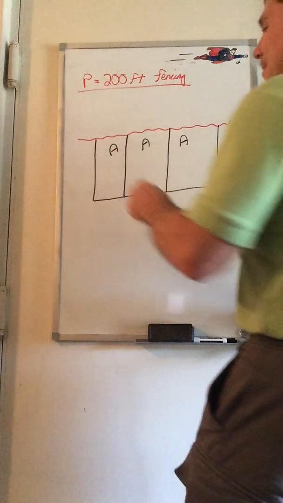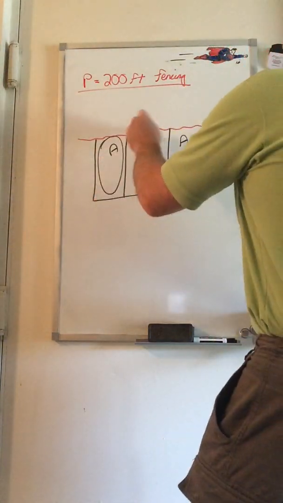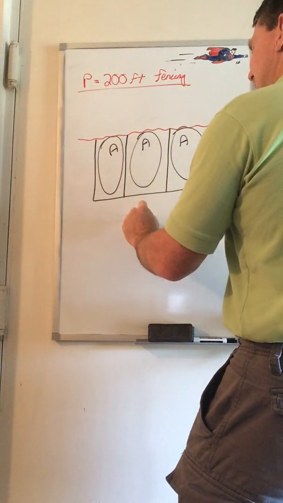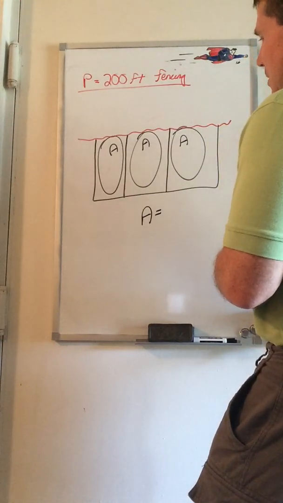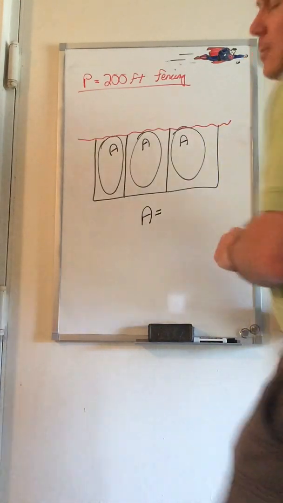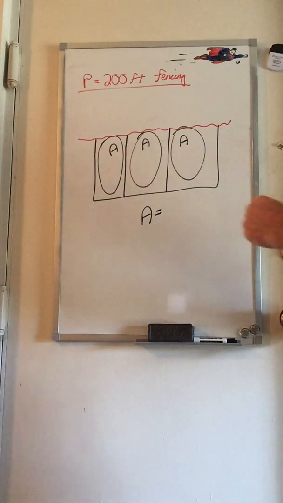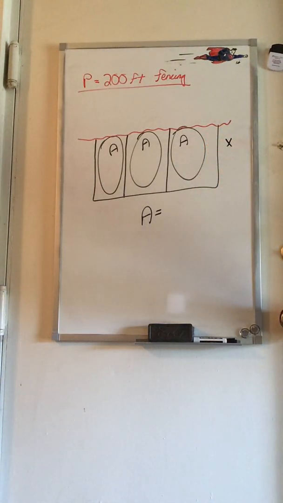If I want to find the maximal area of, say, that and that and that, I could maybe do something like the area is equal to, well, I don't want to give everything away, but how am I going to label my dimensions? Well, if I call this X, what do I call Y?